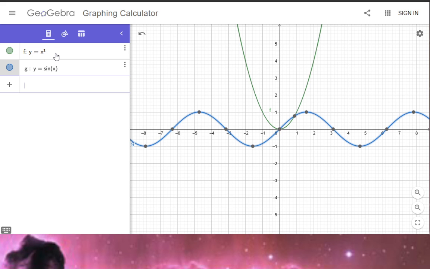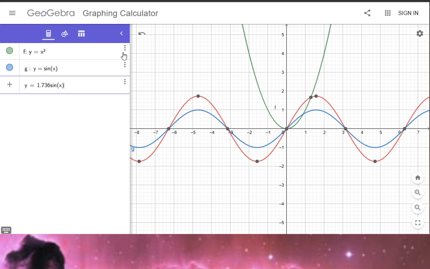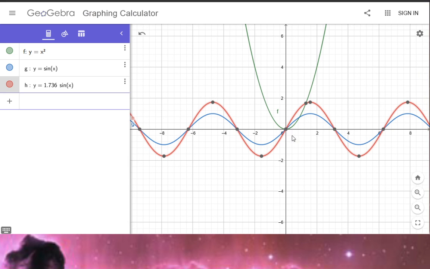Now let's do y equals 1.736 sine x. And remember, that's this red value. I don't know what the dot's there for. So I don't know what frequency they're setting that at.